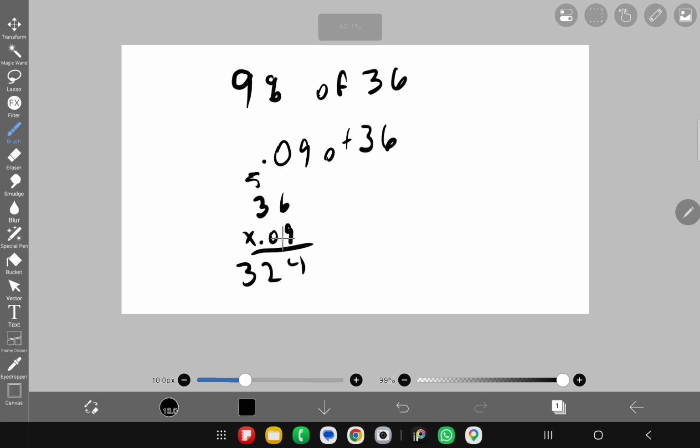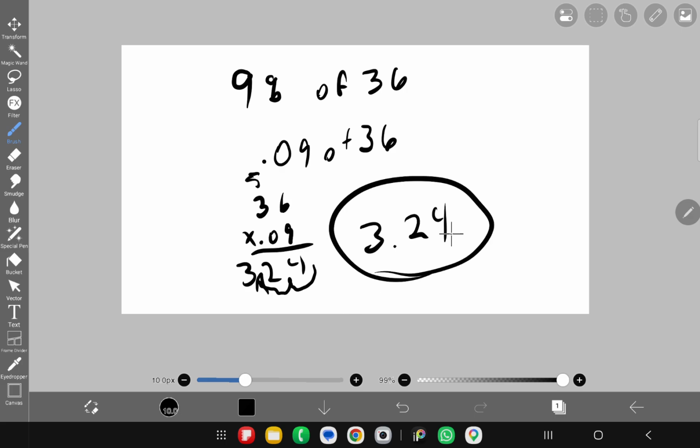Now, because it is only 9%, there is no need to multiply the second row. We just need to move the decimal point over 2. So 3.24 is our answer.